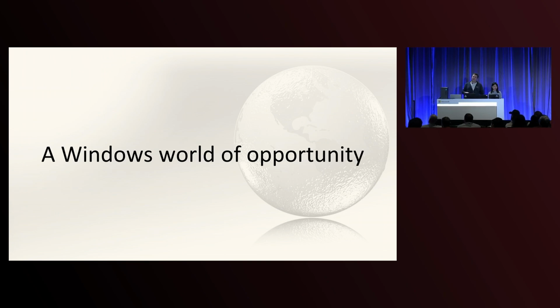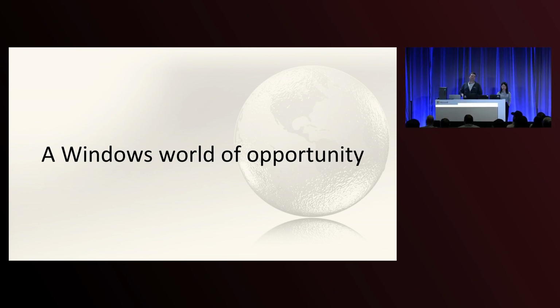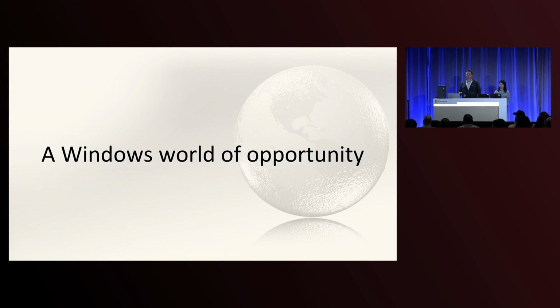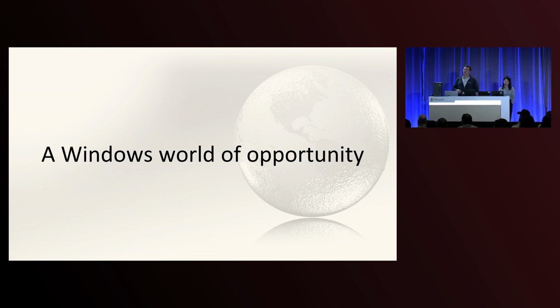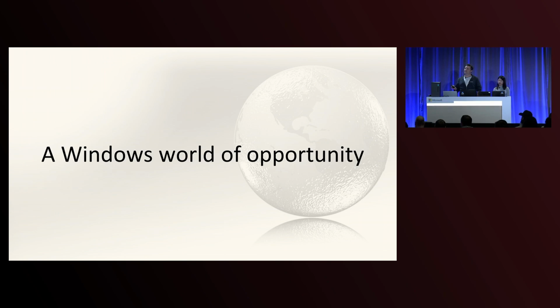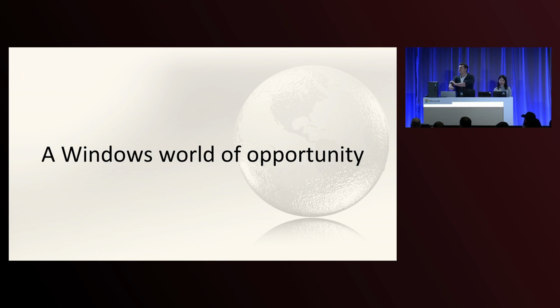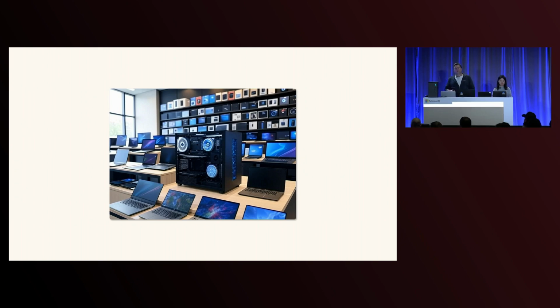Right now, Windows powers the vast majority of desktop and laptop PCs all around the world. That alone is sometimes staggering to think about. And when you apply it to the revolution in AI that we are seeing all across the world, it really means that that AI revolution is going to unfold on Windows more than any other place. One of the greatest powers of the Windows ecosystem is the incredible diversity of hardware available to all of your customers.